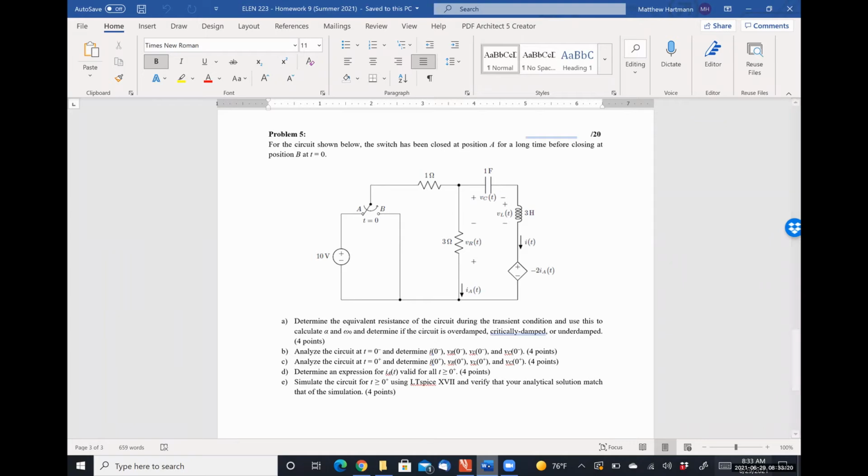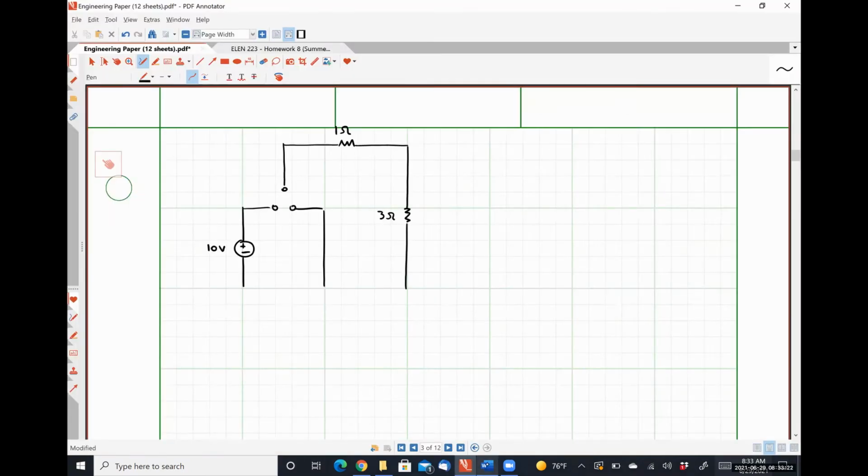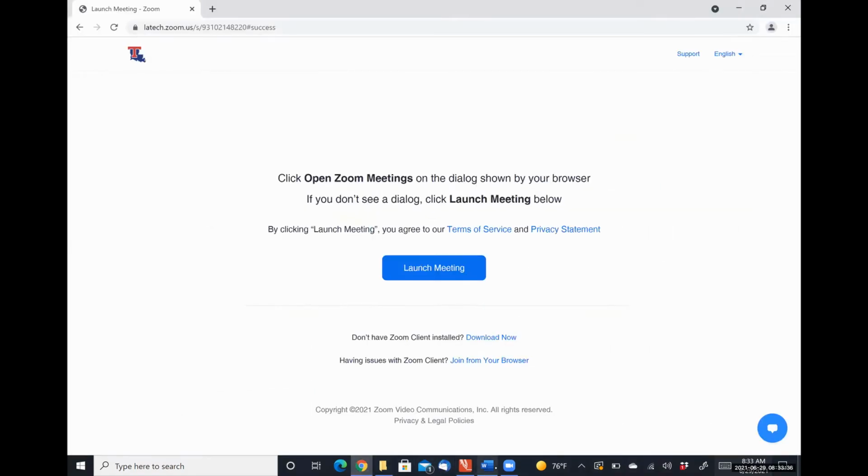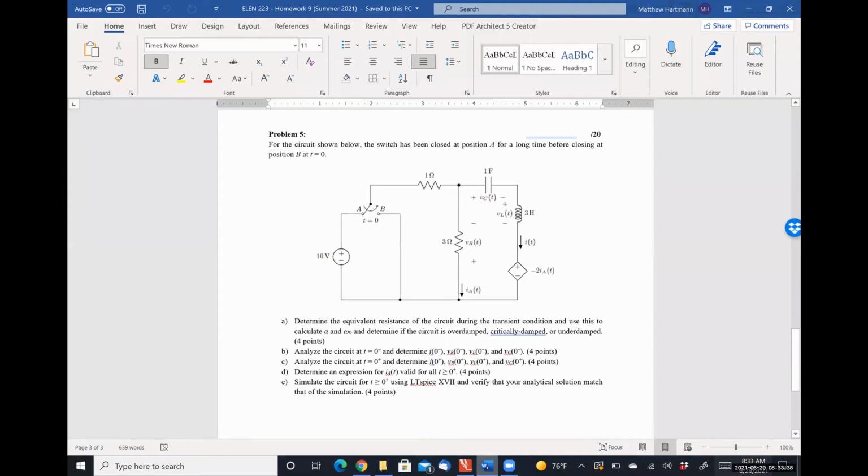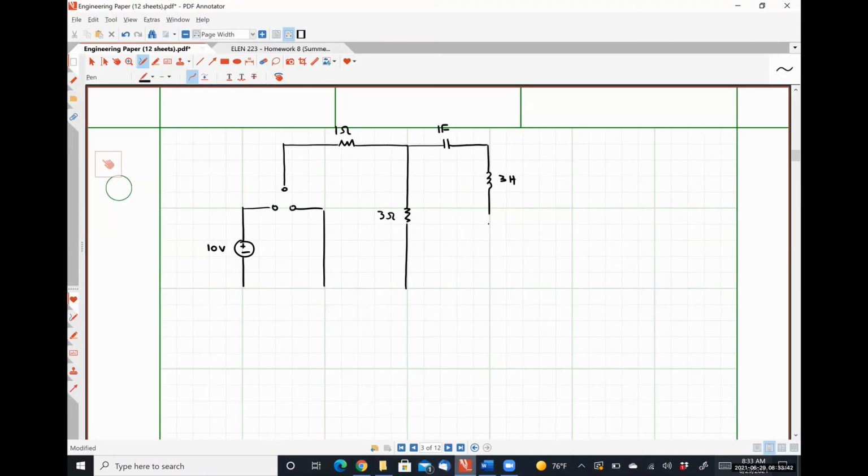1 farad, 3 Henry. -2 IA, positive polarity on top.